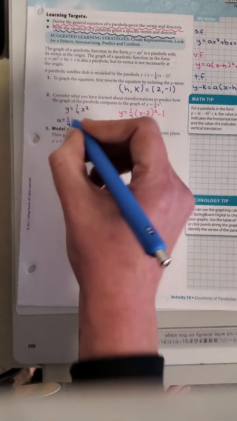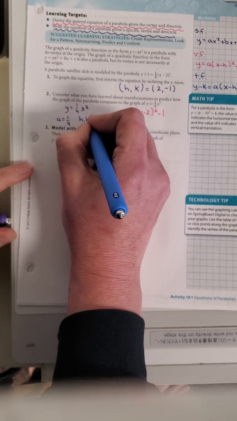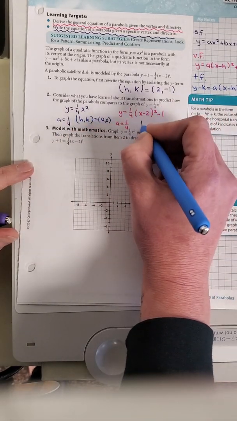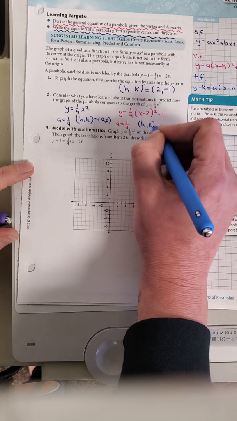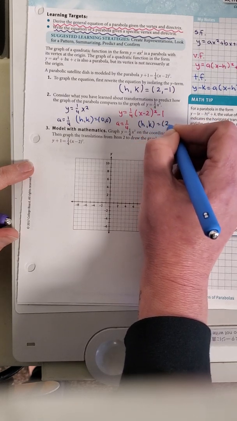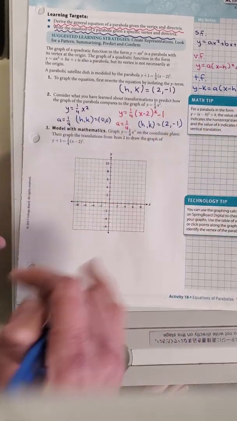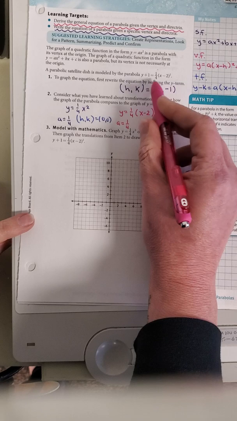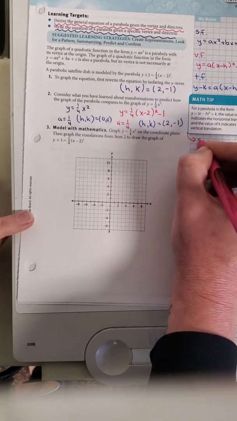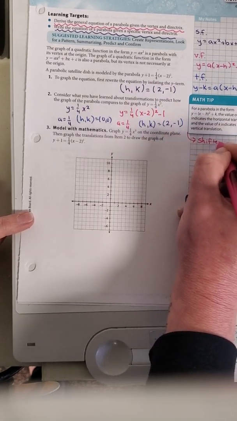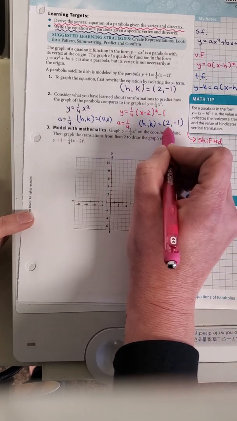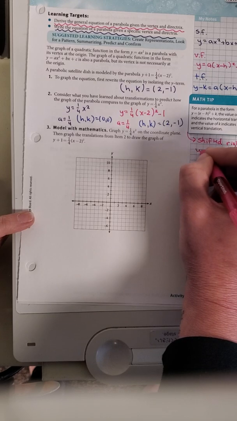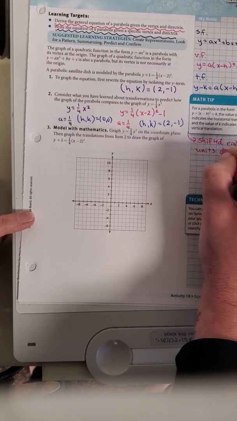Here h comma k is 0, 0, and here h comma k is 2 comma -1. So the way that they would compare is that this graph is shifted right 2 and down 1 unit.